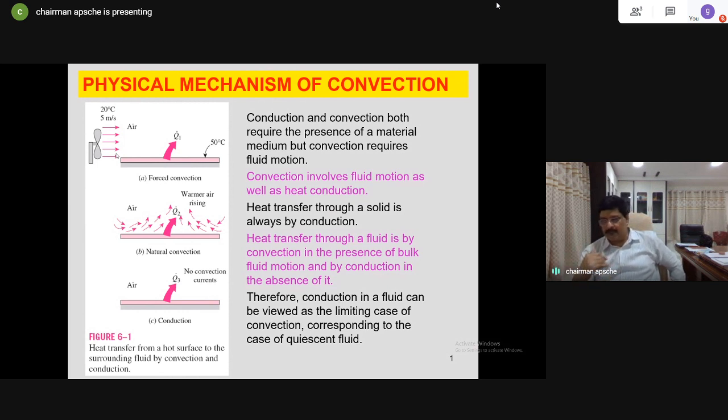Now, in the room, colder molecules will always settle down and hotter molecules will go up. That is the reason why, with the air conditioners in your rooms today, we are not providing those ventilators on top. So why is a ventilator provided at the top of the room? The hot air can escape through it.